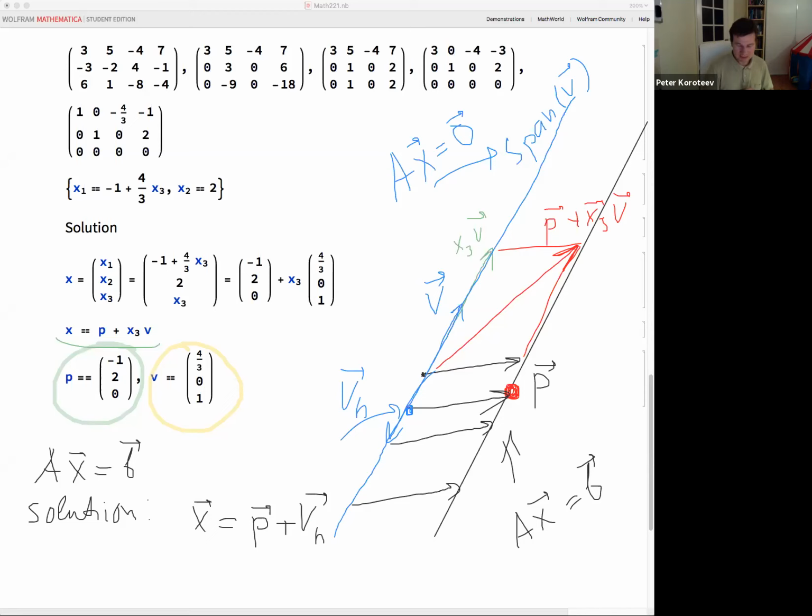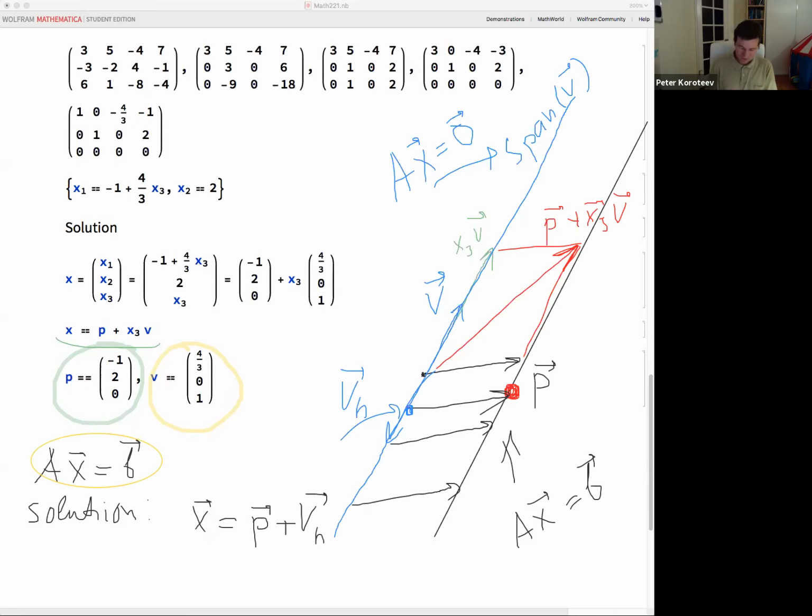So if you have found some solution of your inhomogeneous system, call it p, then the claim is that the solution set of the inhomogeneous equation is obtained by adding this p to any solution of the homogeneous equation.